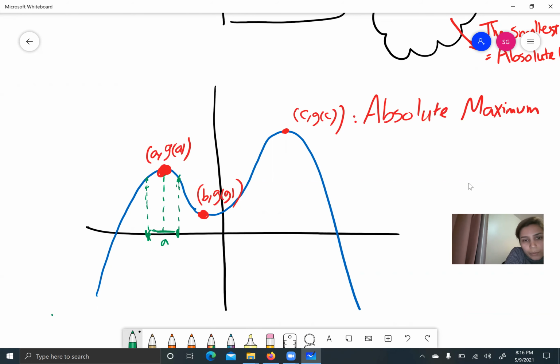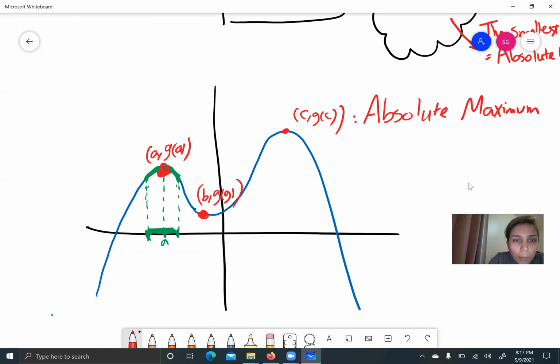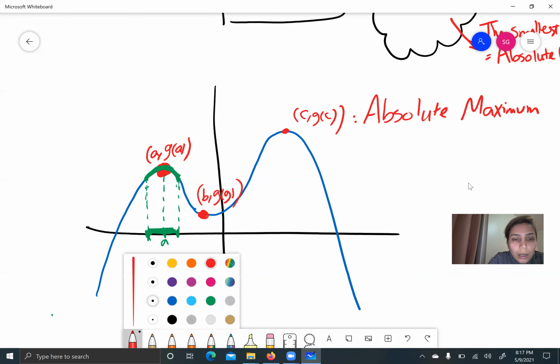Just focus over these values around A. What is the graph? The graph is here. Then it's like you just cut this portion of the graph, remove the rest. Then yes, over this neighborhood, A reaches the maximum height, which means that g of A is greater than any other height over this green region.